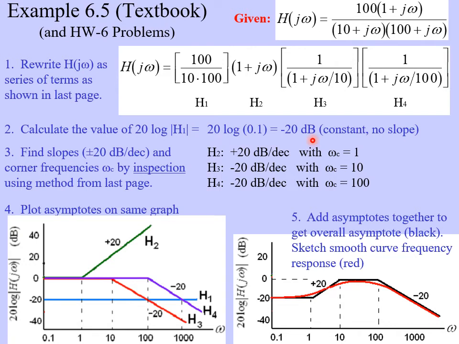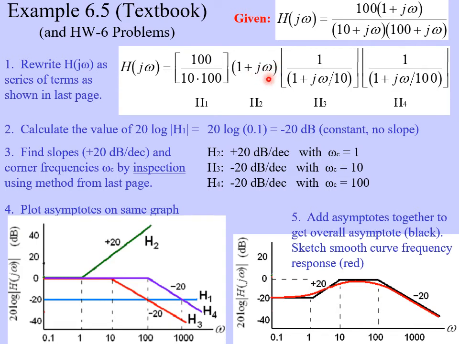So the first thing I'm going to plot is H1, which here's my Bode plot for asymptotes. This light blue line here, which I labeled H1, is plotted at -20 decibels. All right, so there's that. And then we have to find the slopes and the corner frequencies by inspection for H2, H3, and H4. This is all pretty straightforward because now we know the shortcut. So 1 plus j omega, you can think of this divided by 1.